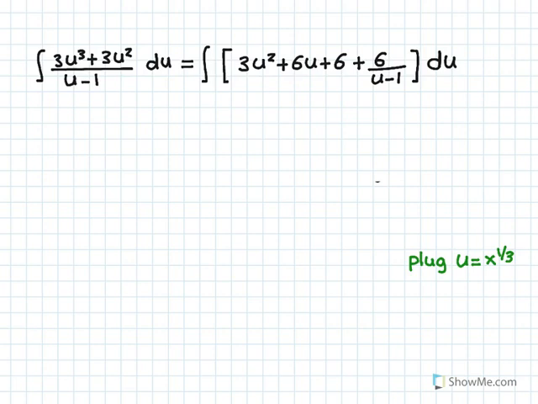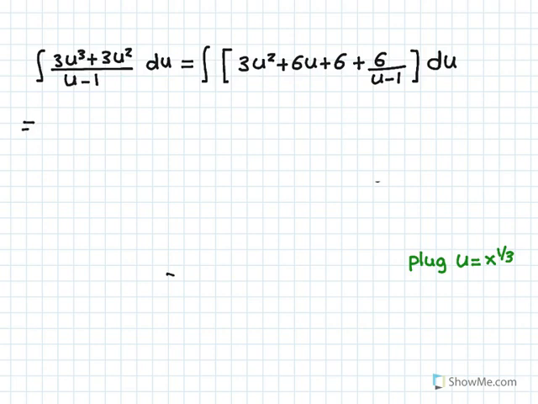All right, so what we have is the integral of (3u cubed plus 3u squared) divided by (u - 1) du, and we did the long division and simplified the integrand as 3u squared plus 6u plus 6 plus 6 divided by (u - 1). Now it's going to be very easy to integrate, and we'll have our answer. The first thing we'll do is integrate term by term, so let's split off the integrals.